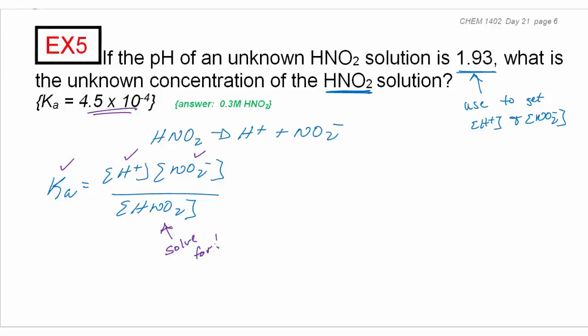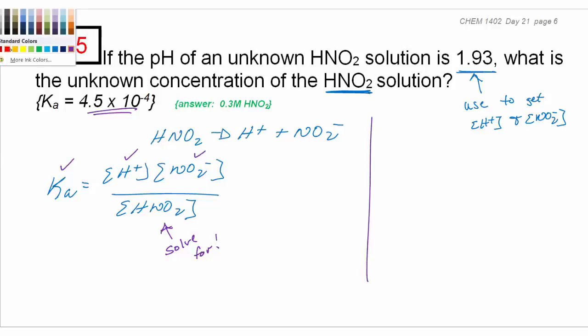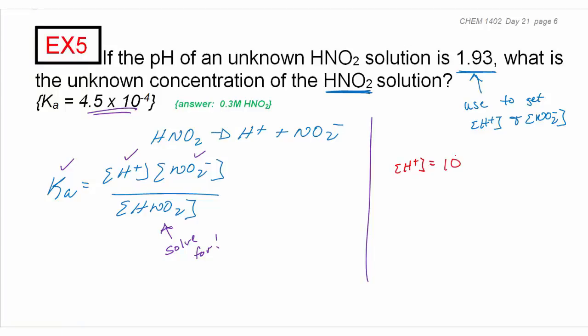Okay. So let's get that hydrogen ion and conjugate base concentration. The hydrogen ion concentration is 10 to the negative pH. It's going to be 10 to the negative 1.93.